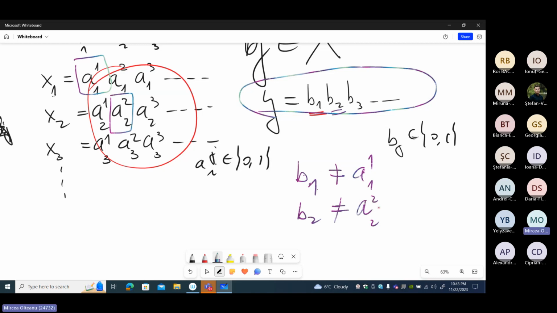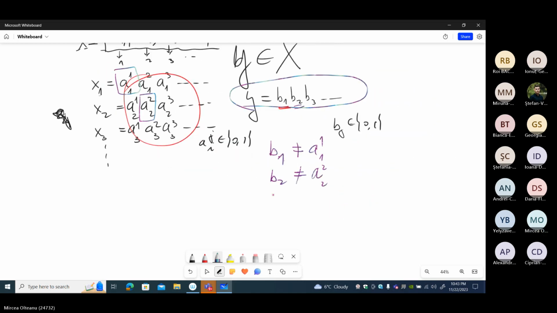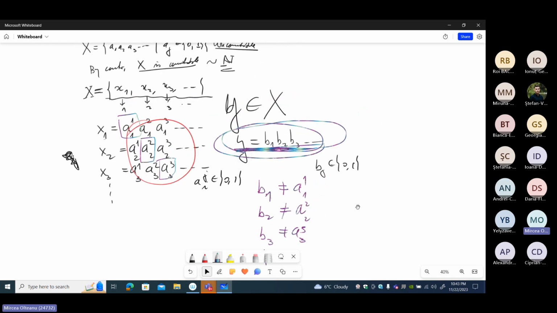Yes, of course, because A22 is 0 or 1, and B2 will be the other one, and so on. So B3 will be different from A33, and so on. And now the question is why the element Y written here cannot be one of the elements written here in this sequence.